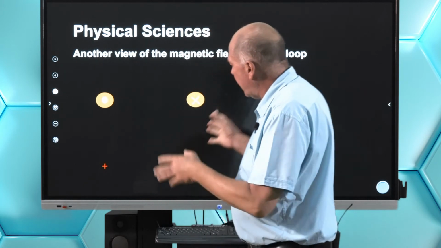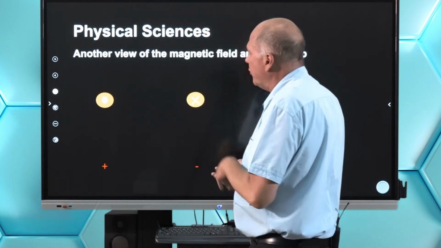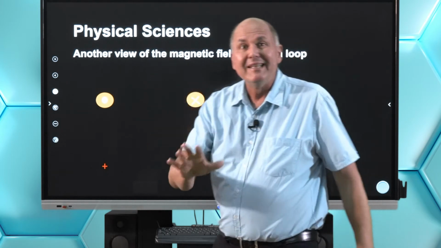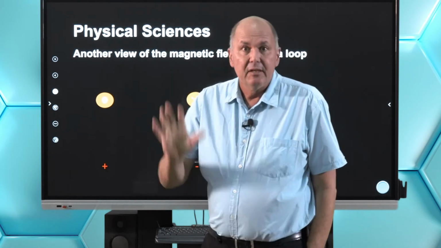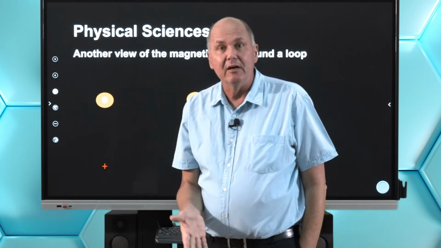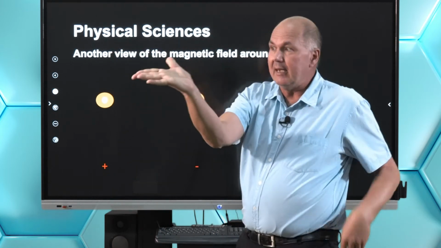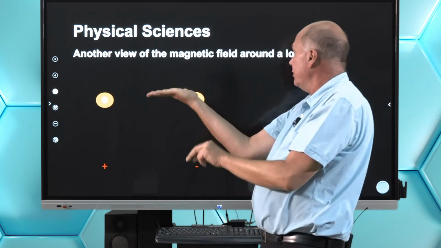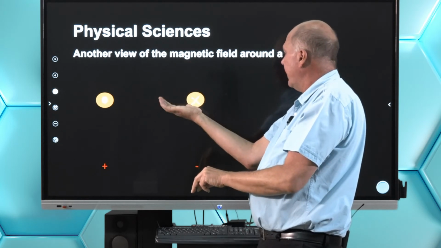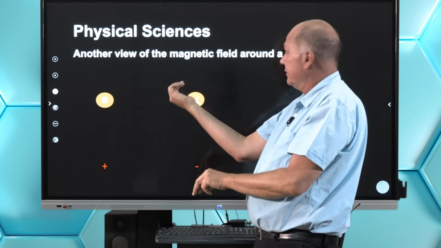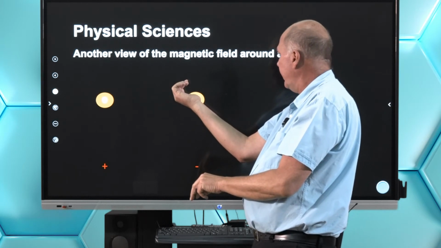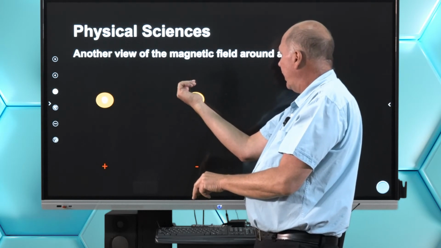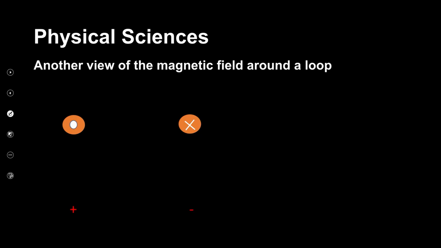So how could we represent what's happening? Well, let's just use our right-hand rule, and by this time you should be getting lots of practice. Recognize the thumb points in the direction of the current. So into the board over here it goes, and we loop it around, and we can see that it's got a curve that's going around like that.